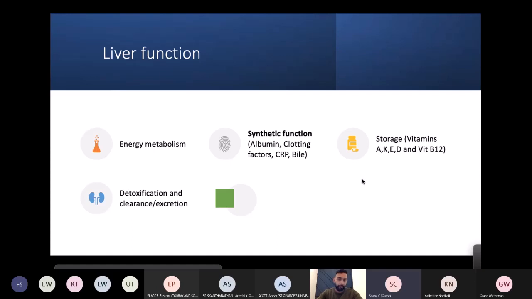Synthetic function is more sensitive and less resilient, so if there is a liver problem, the synthetic function will go off before any of the others. So the things we particularly look at are albumin and clotting factors.